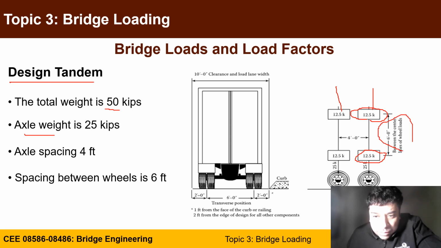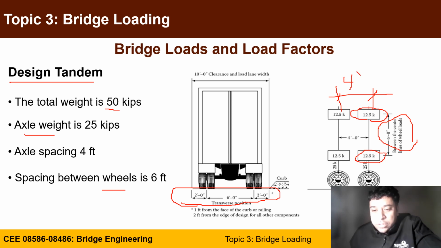The distance between the wheels is 6 feet in the transverse direction, similar to a truck, with 2 feet on each side. But the difference is that the axle spacing is very close, only 4 feet, instead of a minimum of 14 feet for the design truck.